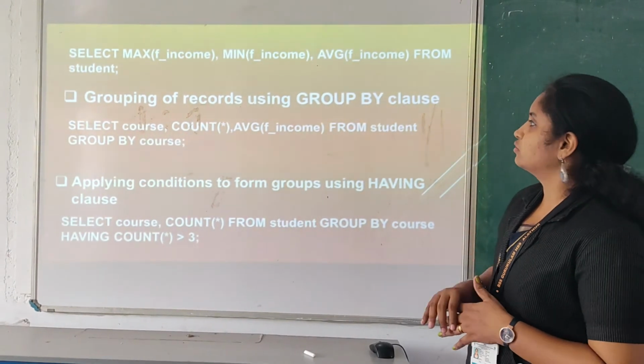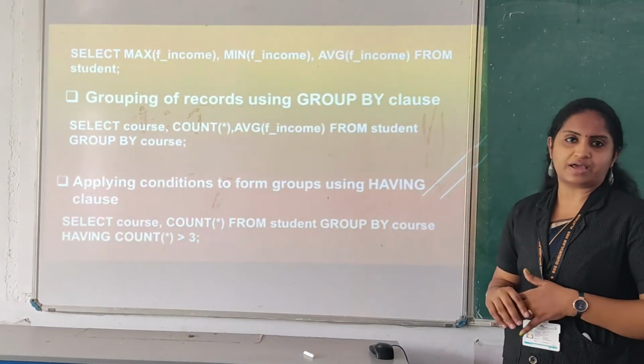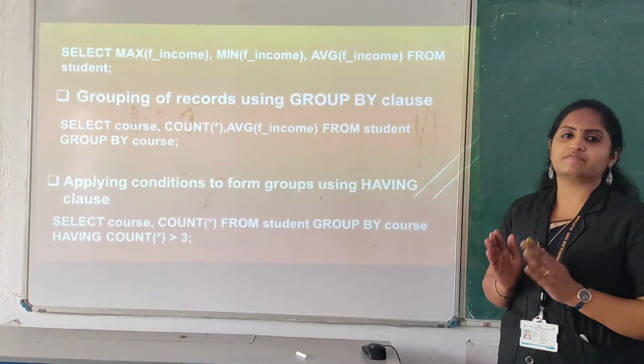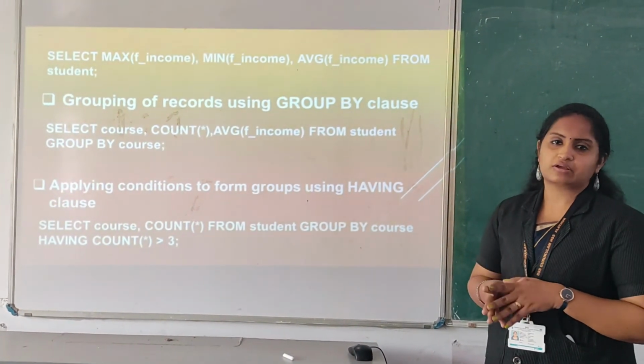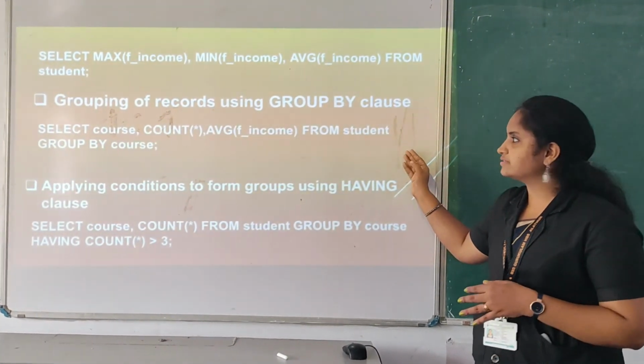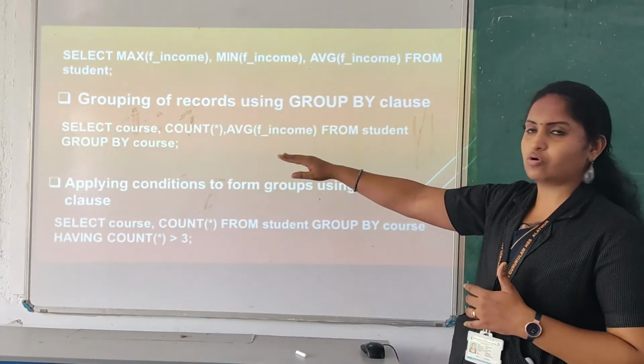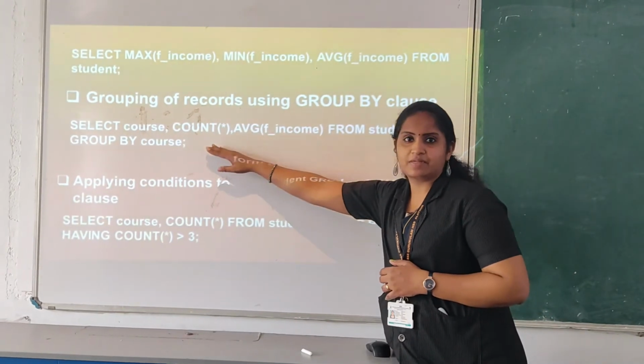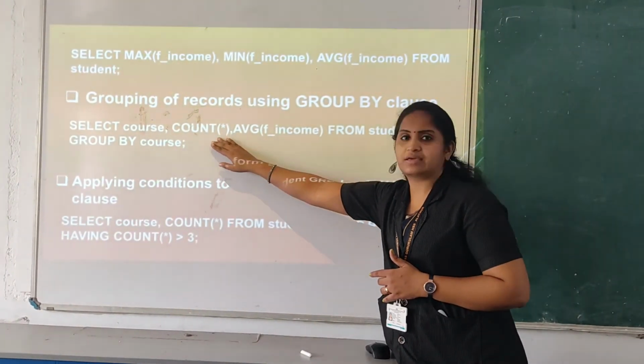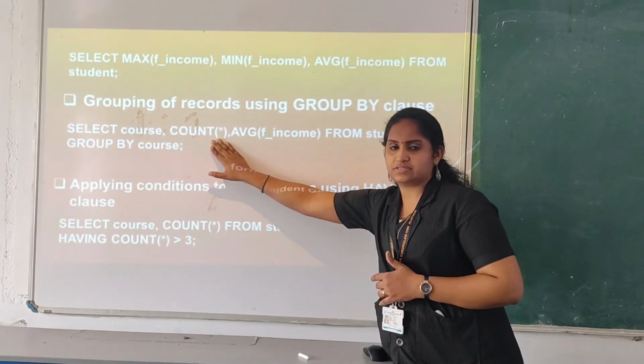And here it is grouping of records using the group by clause. For grouping a particular value, you can use the clause group by. Here you can see the example. Select course, so according to the course, count star. Count star indicates all the numbers which are available.